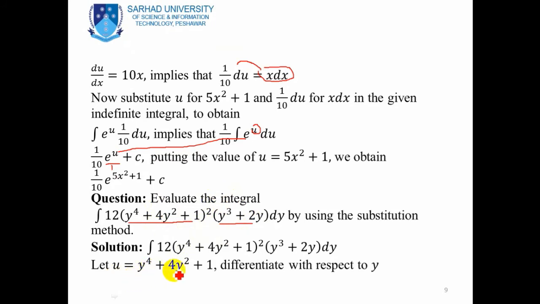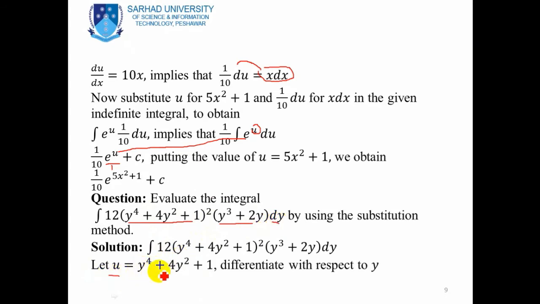Suppose y power 4 plus 4y square plus 1 is equal to u. Now, to take the derivative, I have already told you that we are going to convert this dy into the operator du.